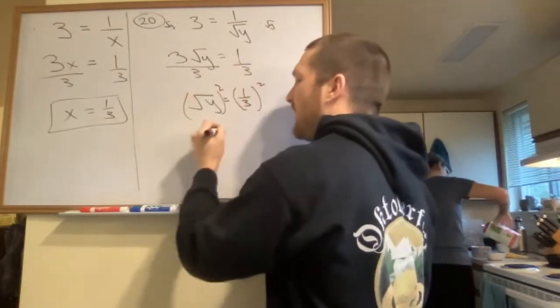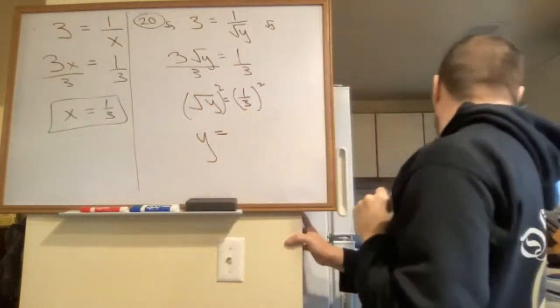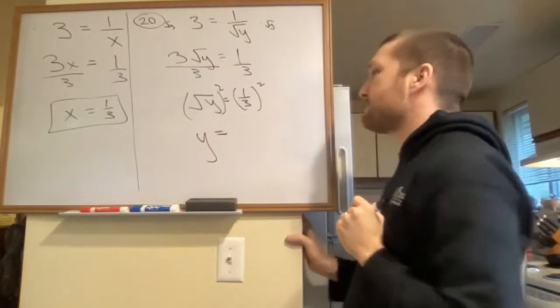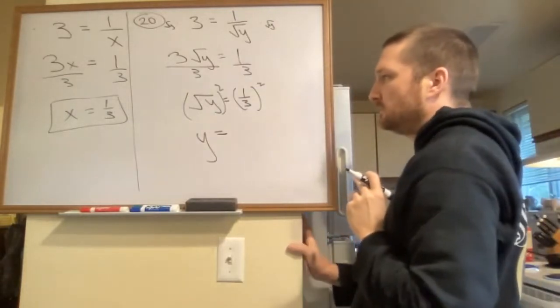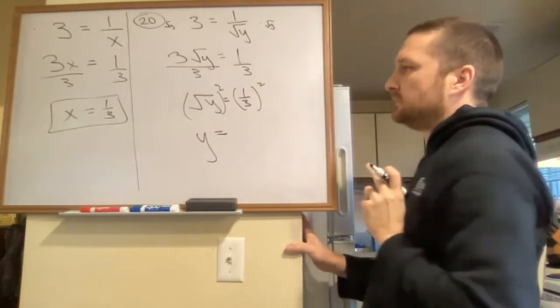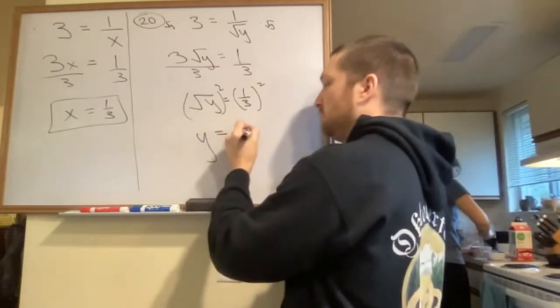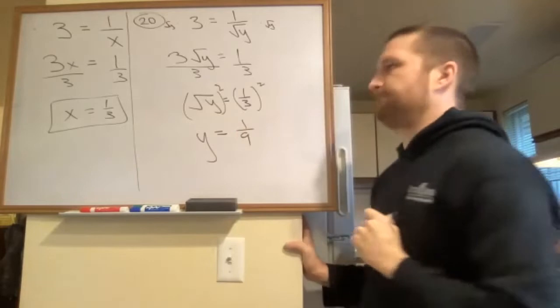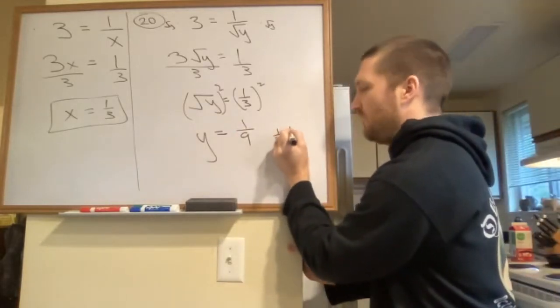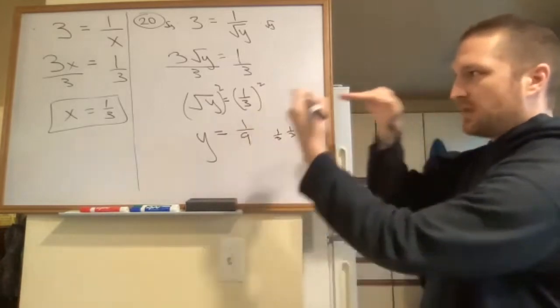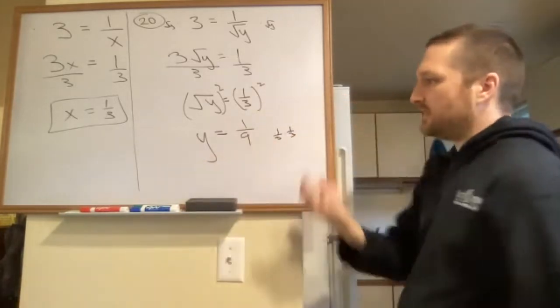That gives me y equals what? 1/9. Yes, good. Because 1/3 squared is 1/3 times a third. Just multiply numerators, multiply denominators, you get 1/9.